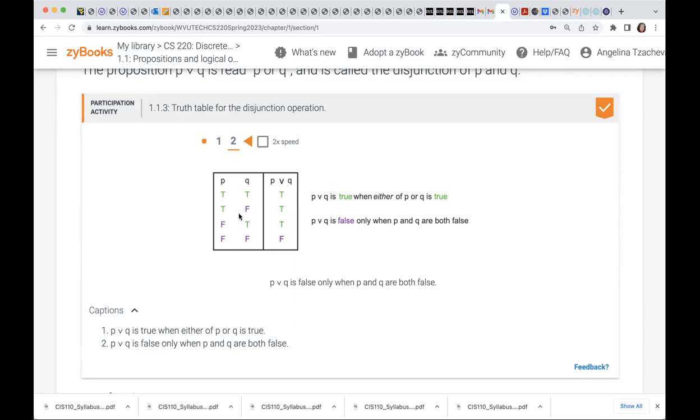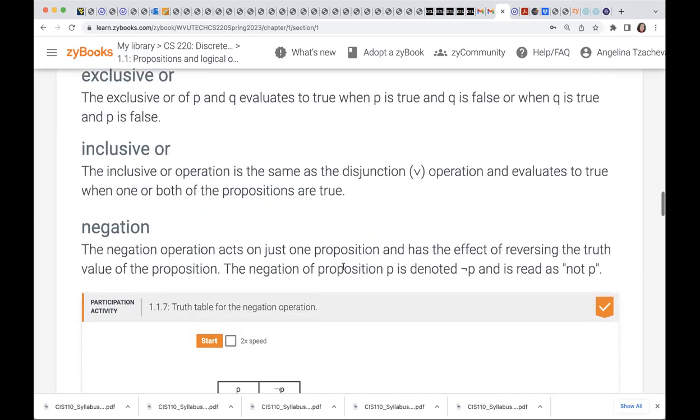The exclusive OR takes only the second and the third cases here. So the exclusive OR is when either one or the other is true and the other is false. Basically, one is true, the other one is false. First one is true, second one is false, or first one is false, second one is true. That's when the exclusive OR is going to be true.